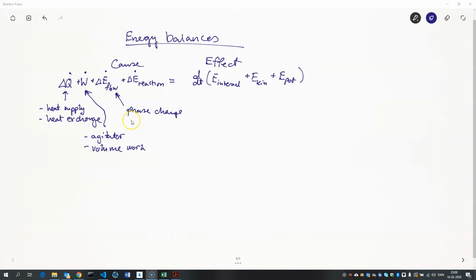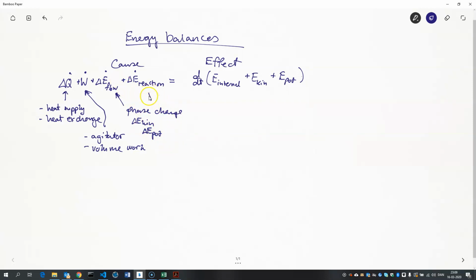And the flow has some speed, so it brings about a change in kinetic energy to the system. And if the flow is directed into the reactor at some height, some level above the reactor, then it actually drops in the gravitational potential, and that means it brings about energy in the form of potential energy as well.